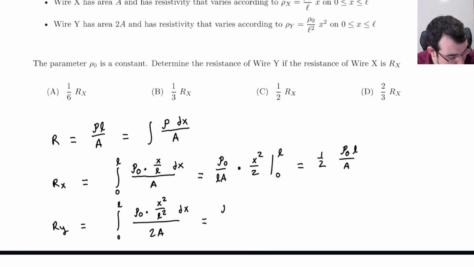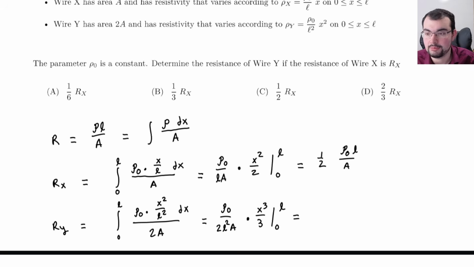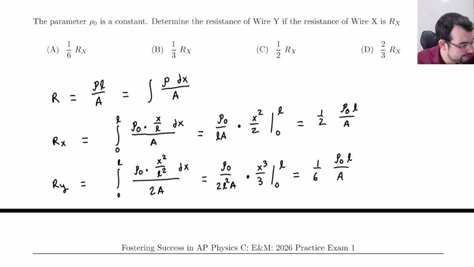So we'd get rho 0 over 2L squared A times x cubed over 3 from 0 to L. Now if we plug that in, L cubed cancels two of the L's down there, and we get a 3 on the bottom, so we get 1/6 rho 0 L over A. So notice that our X has an effective resistance of 1/2, and our Y has an effective resistance of 1/6.